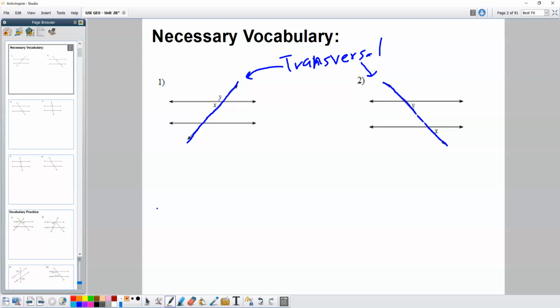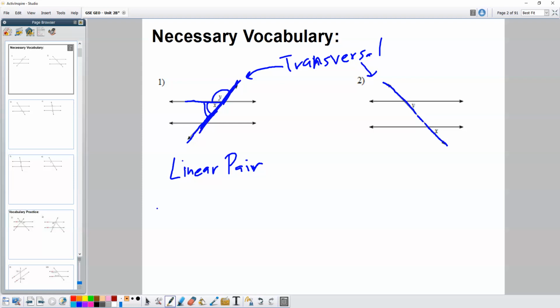So this first one is called a linear pair. And the way that I remember that is it's forming a line. This angle y and this angle x add together to give me this whole line right here.